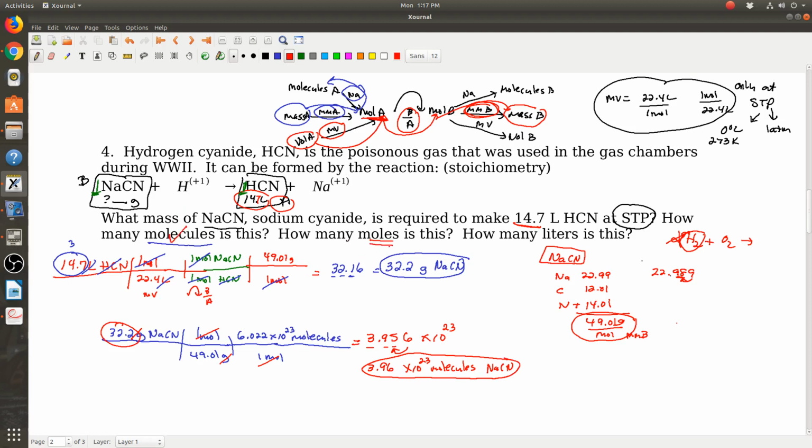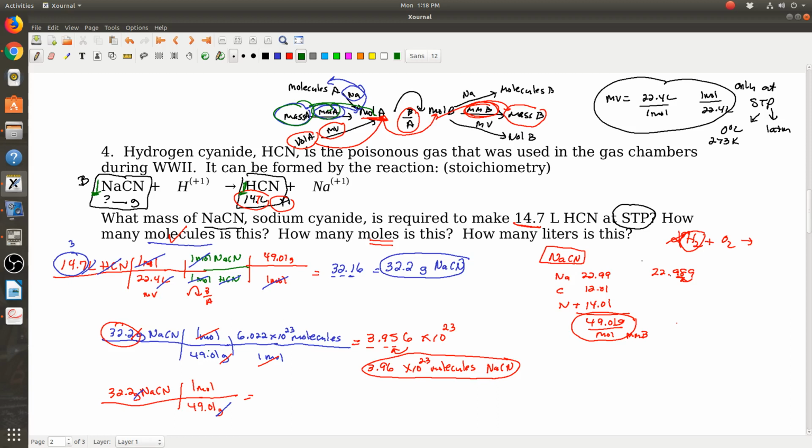How many moles? All right, well, I just need to turn it into moles then, so I could do this same calculation and not add that part. So 32.2 grams of sodium cyanide. I already know the molar mass, 49.01 grams, and I'll be able to turn it into moles. Now, where would that be on the chart? Well, I'm starting with mass, and I'm going to moles, and I'm going to use the molar mass. It's just one step.